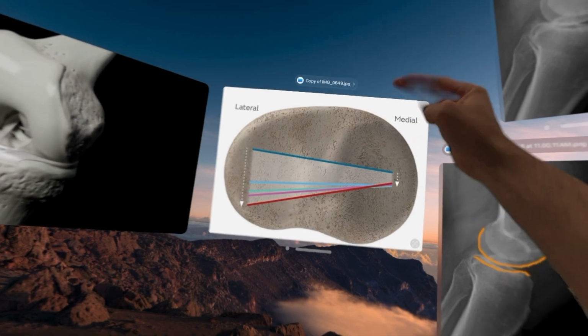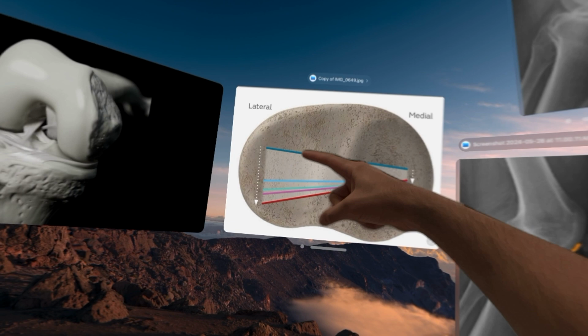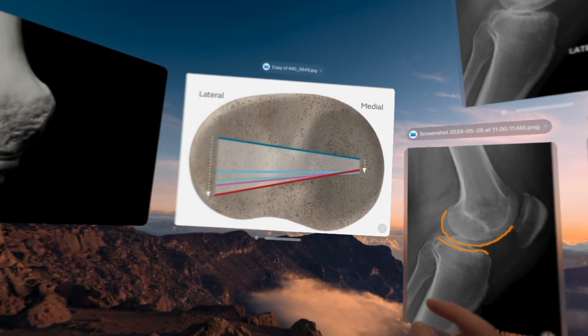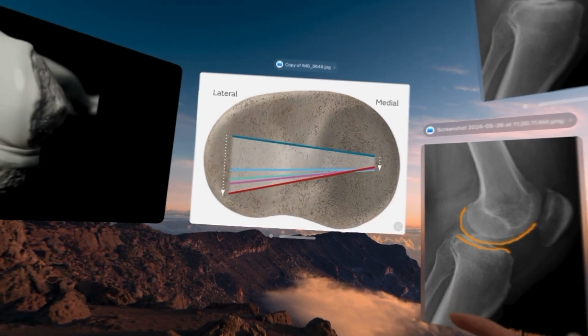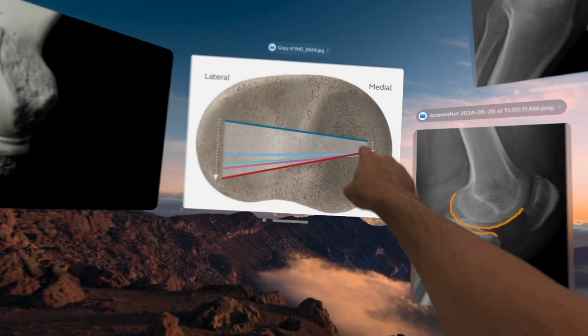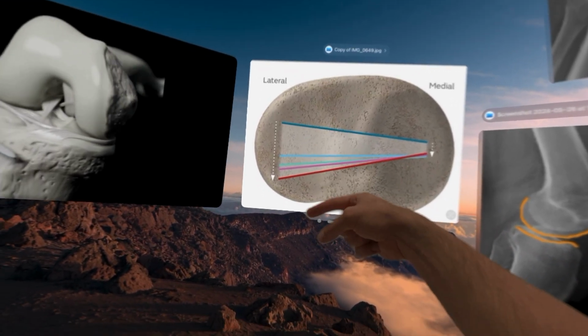It goes from more anterior, more towards the front, more towards the back. But it does so to a greater degree on the lateral aspect of the knee as opposed to the medial side. And what we call this is the medial pivot, because the knee essentially pivots off the inside of the knee and rolls back on the lateral side of the knee.